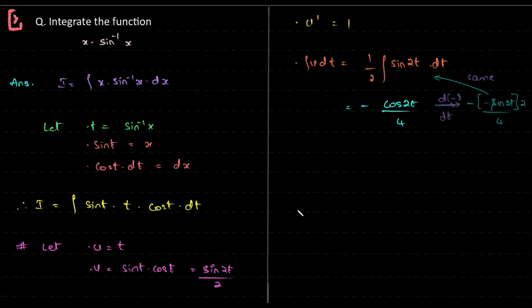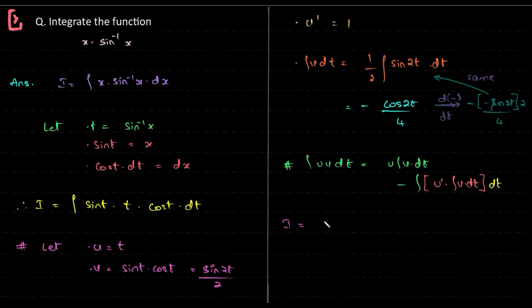Okay, moving on. So we'll have to write the formula first. So integration of uv dt in this case will be equal to u integration of v dt minus integration of u prime integration of v dt dt.